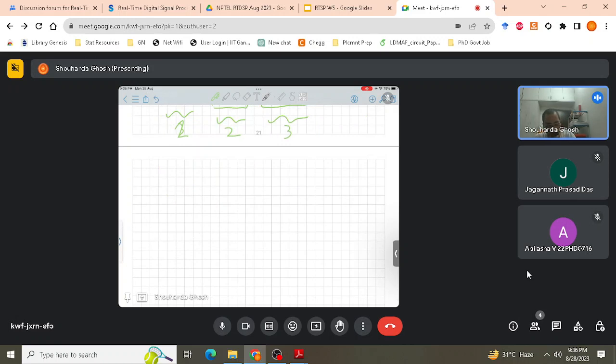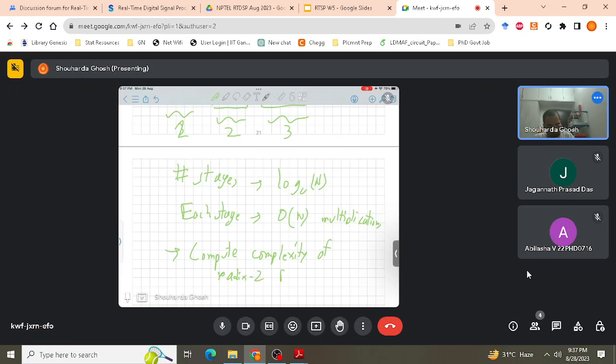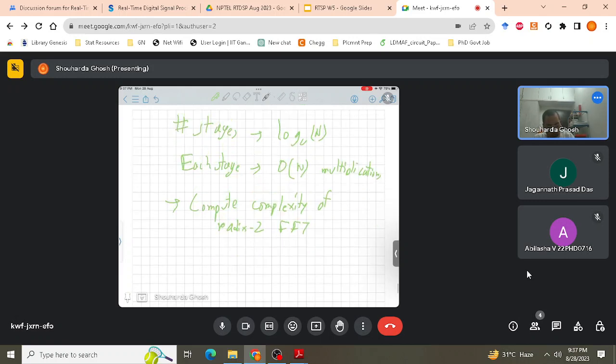So the number of stages is log 2 base n, and each stage has of the order of n multiplications. Hence the computational complexity of radix-2 FFT is order n log 2 base n.